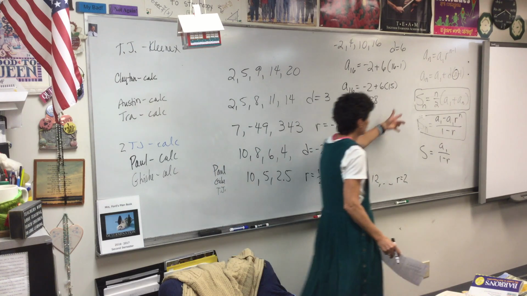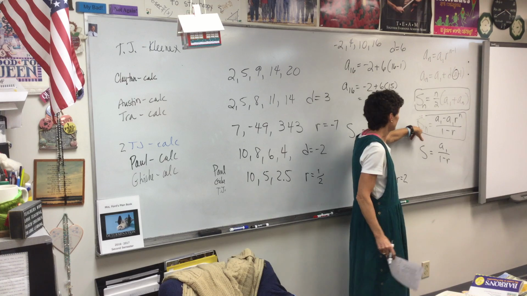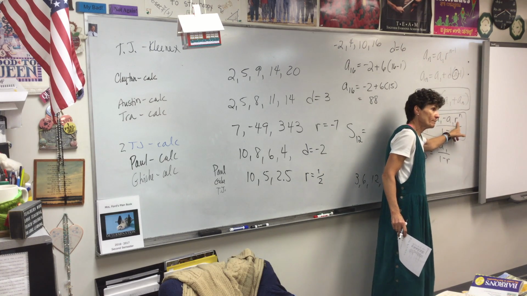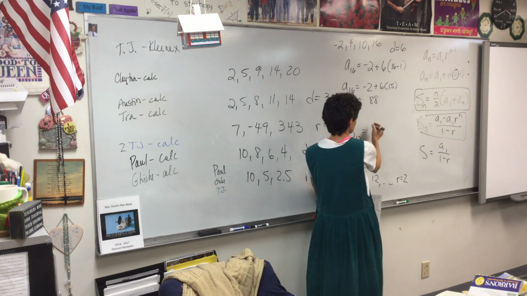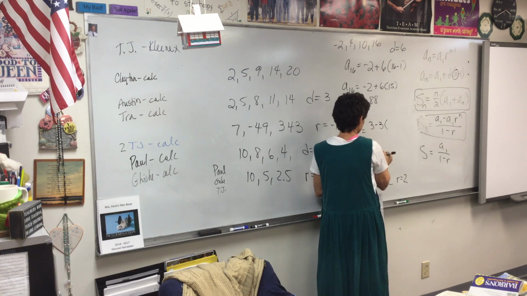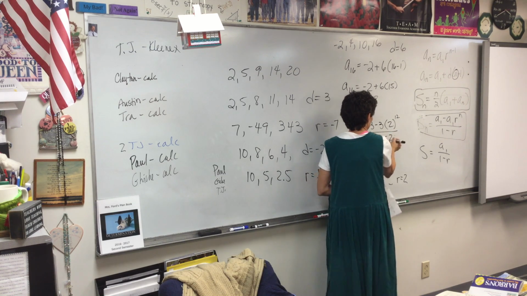Which of these am I going to use then? The bottom one, with R, ratio, geometric. That formula says if you want to add up 12 of these, 3 minus 3 times 2 to the 12 over 1 minus 2.